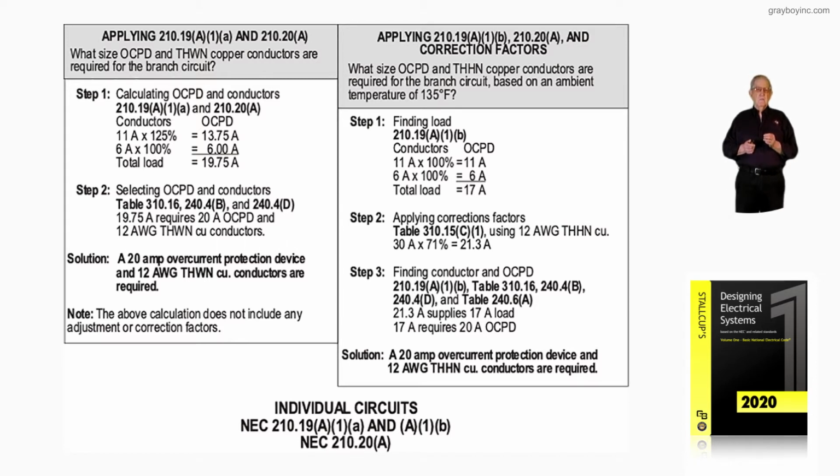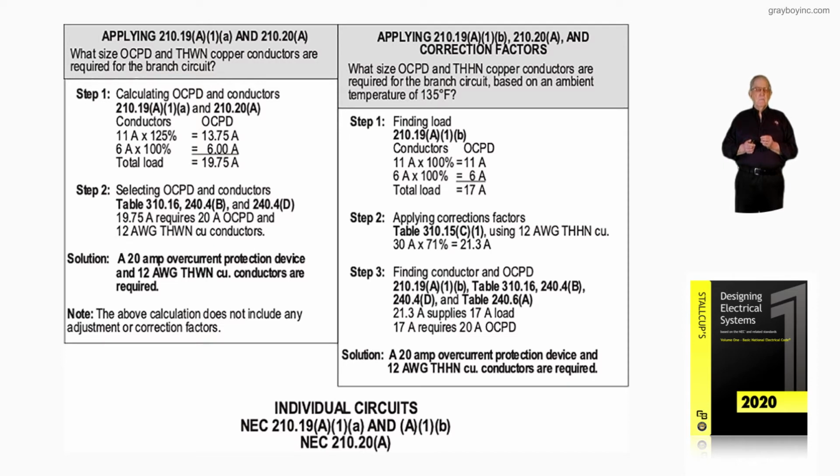Now, the two non-continuous loads, 3 amps each added together, is 6 amps times 100%, so we come up with 6 amps. Now, when we add the two loads together in step one, we have a calculated load of 19.75. However, the connected load would naturally be 17 amps, is basically what we would be reviewing there.